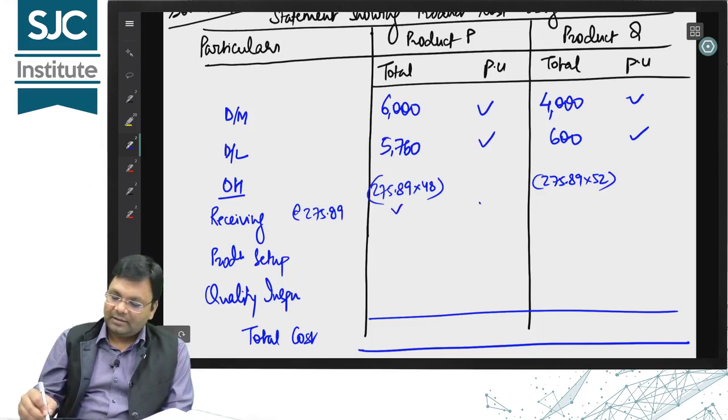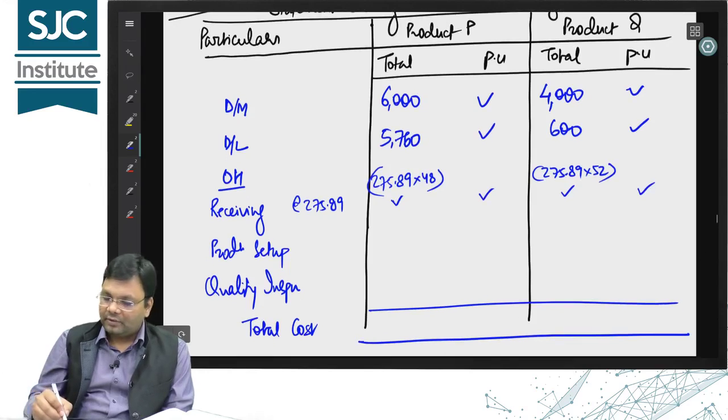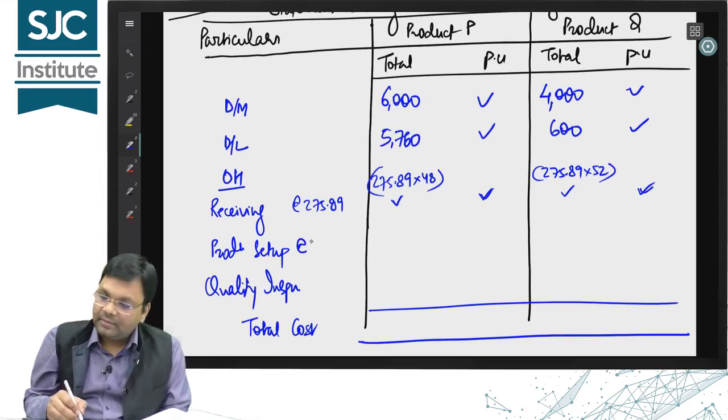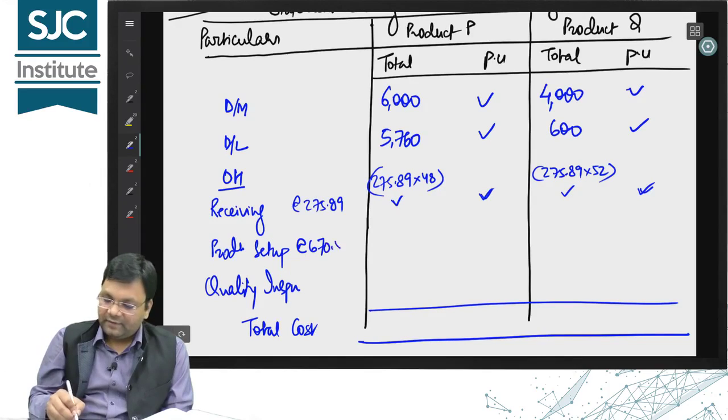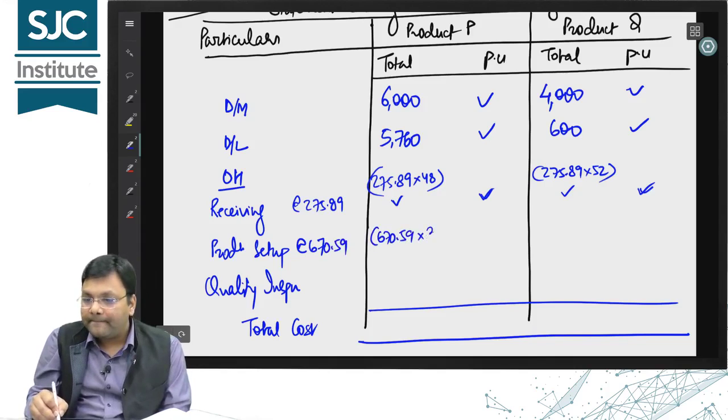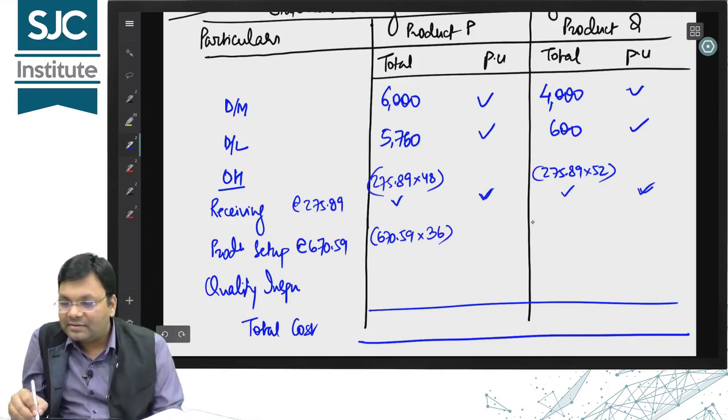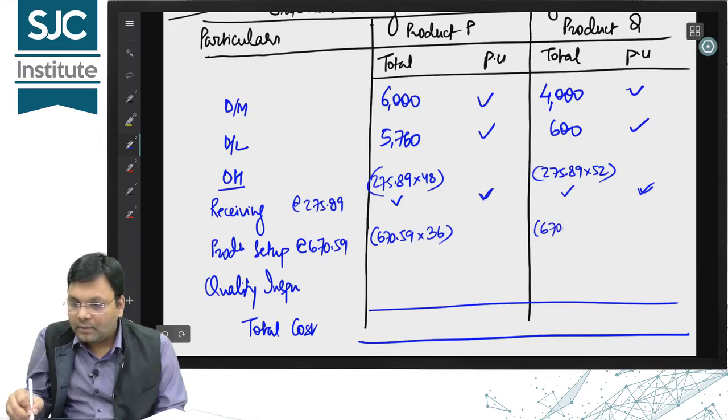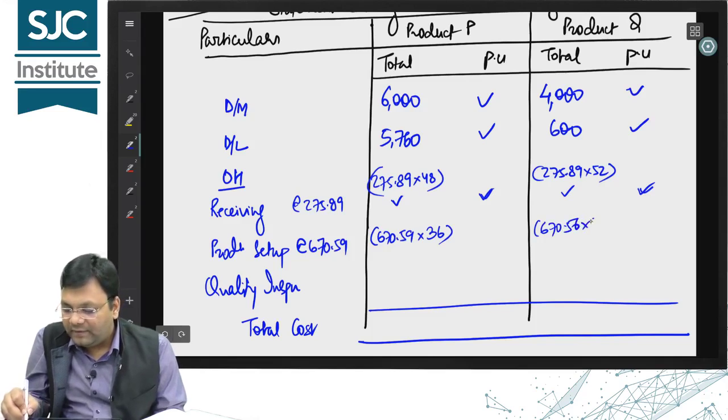You can write your answers, I am not asking. Okay, you can divide by units to find out per unit also, and if you have understood then please complete the statement. Don't wait for me, you complete the statement swiftly. Be fast. Here it will be into 24.